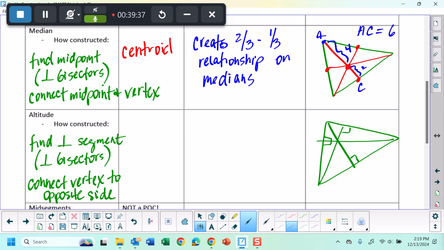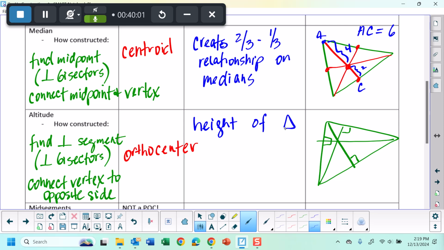The name of the point of concurrency is the orthocenter. And this is always going to represent the height of your triangle, which we'll care about when it's time to find area.